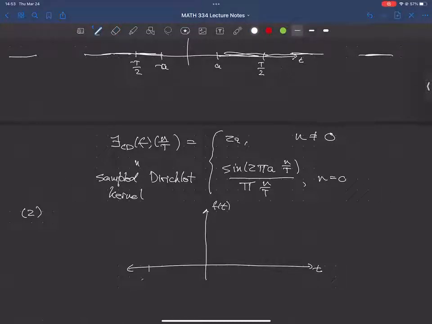There's going to be some a involved. Here I have 1, and so I'm going to go up to 1 and then down to a. That's my signal, and of course, again, this thing is periodically extended, like so.